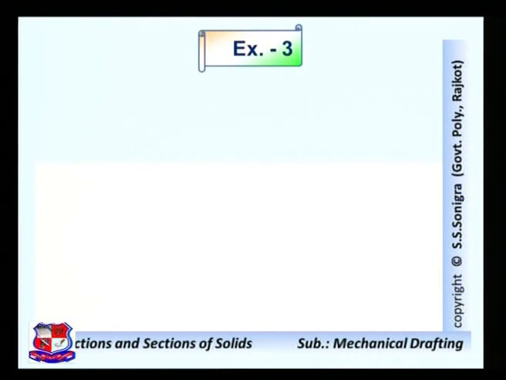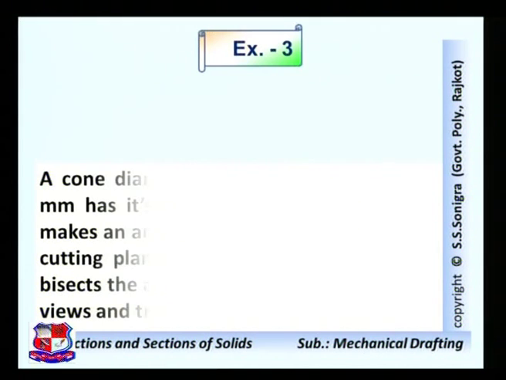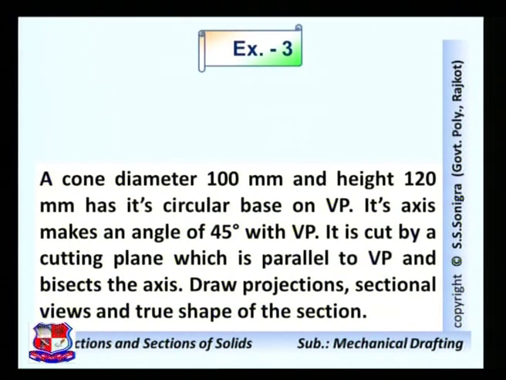Next problem, example number 3. A cone of diameter 100 mm and height 120 mm has its circular base on the vertical plane. Its axis makes an angle of 45 degrees with VP. It is cut by a cutting plane which is parallel to the vertical plane and bisects the axis.